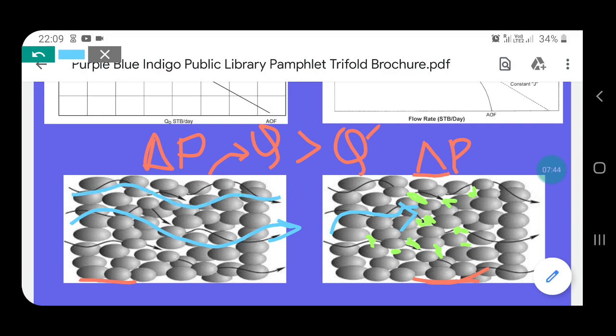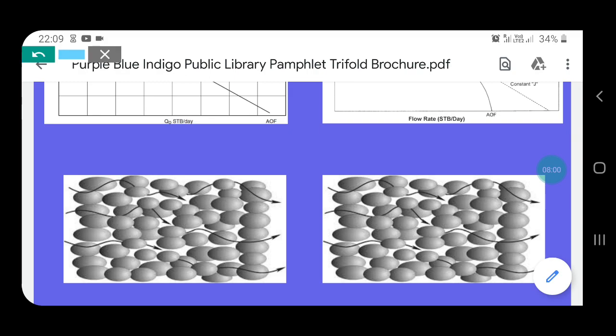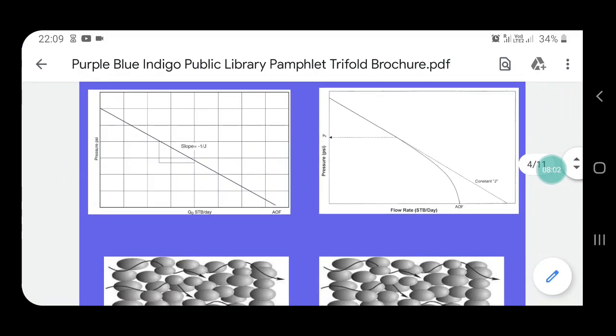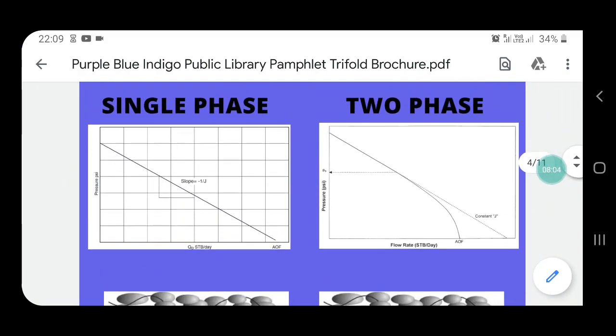It is easily passing through this porous medium, whereas in this case there are a lot of restrictions and obstructions. So this development of gas saturation will reduce the flow rate of oil. So that's why there's a deviation which we obtain.